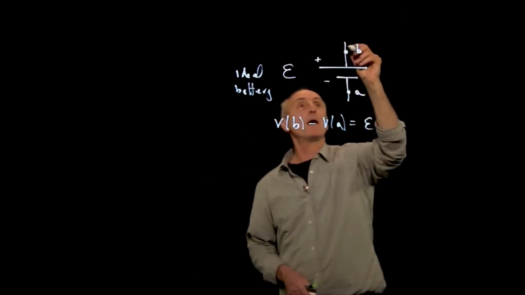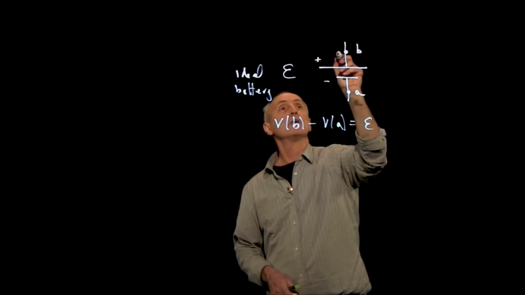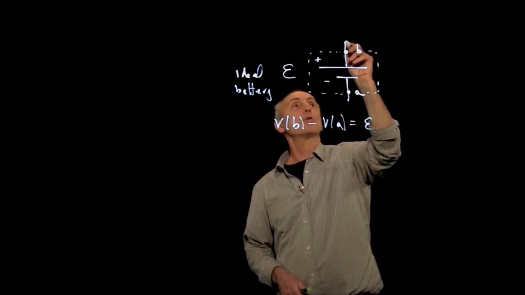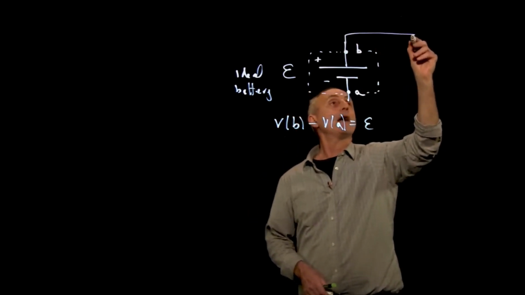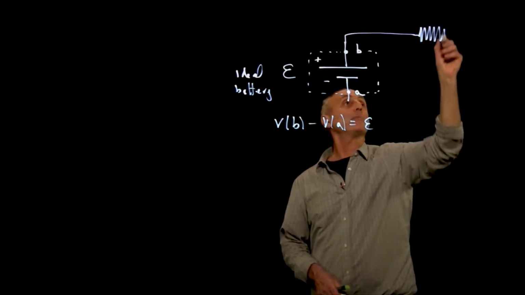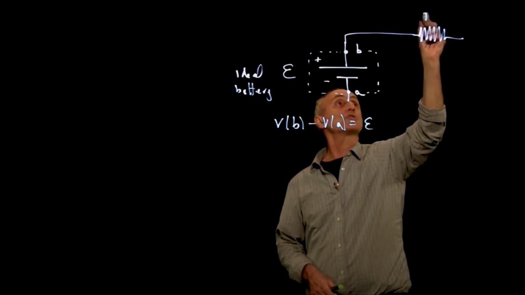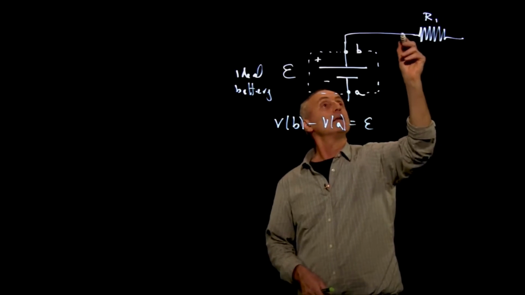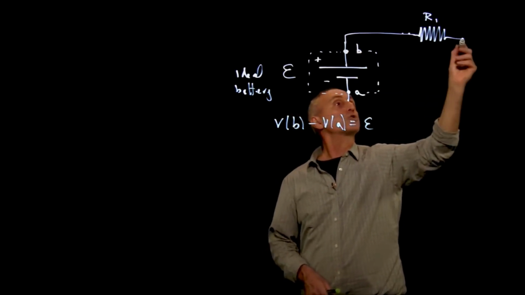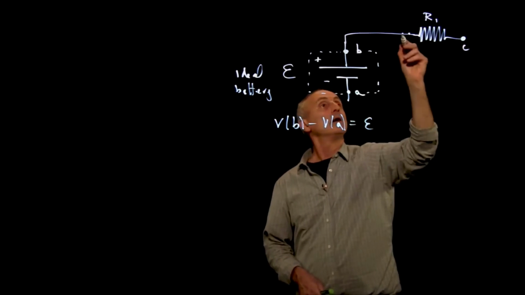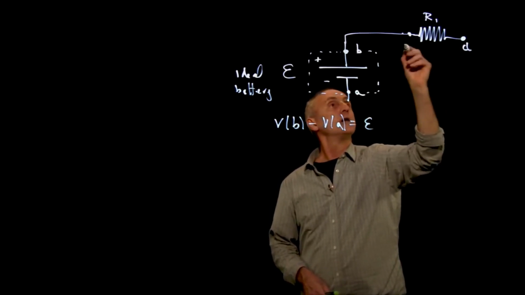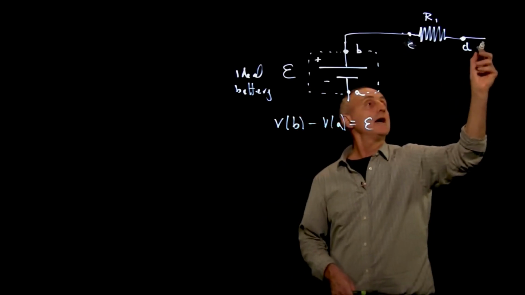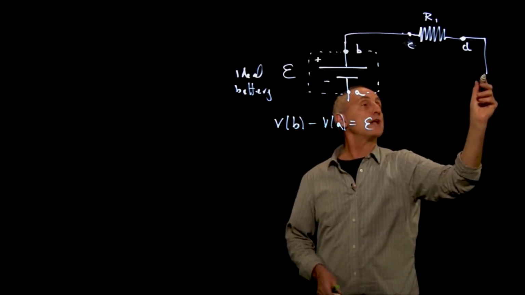And now we want to connect this battery to, we could think of it, these are our terminals. And we connect this terminal to a wire, and in that wire, there's a circuit element, which we're going to refer to as a resistor R1. And here, let's call this point C. Actually, we'll call this point D, and this point here C, and that point D. And I'm just going to connect it to another circuit element.